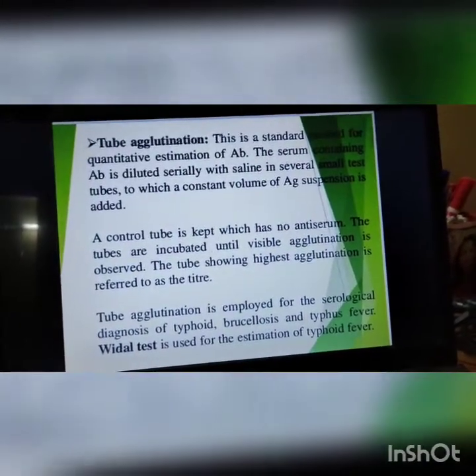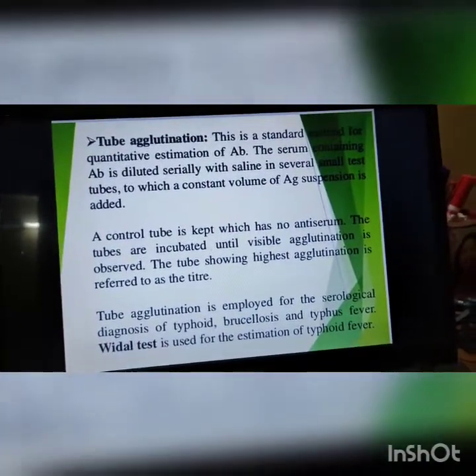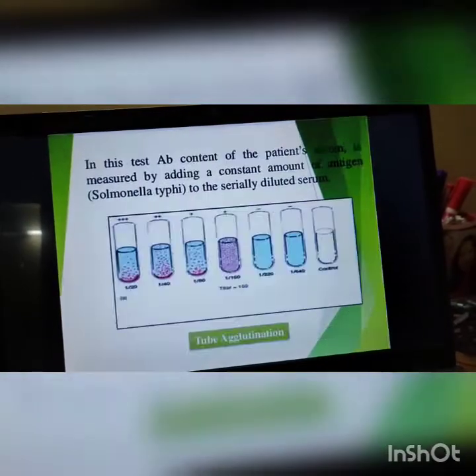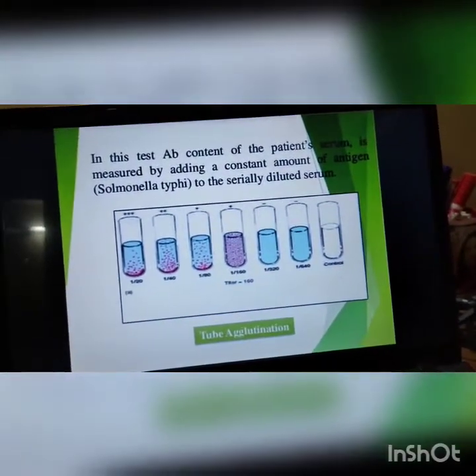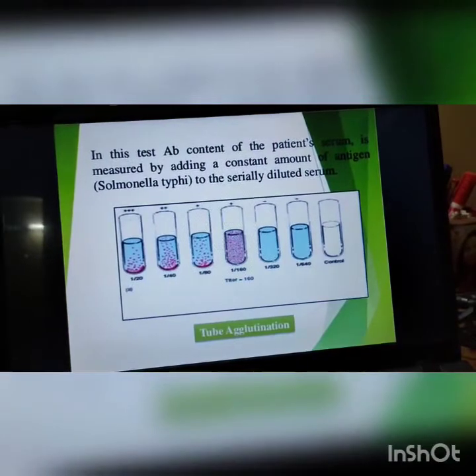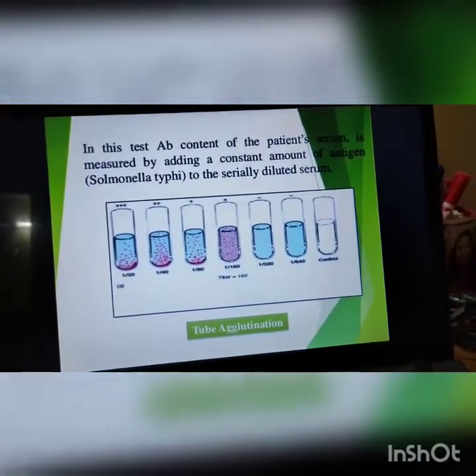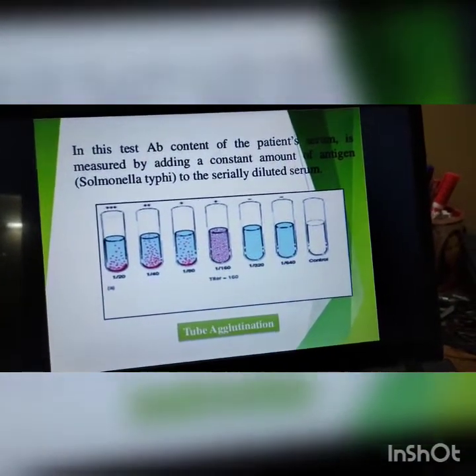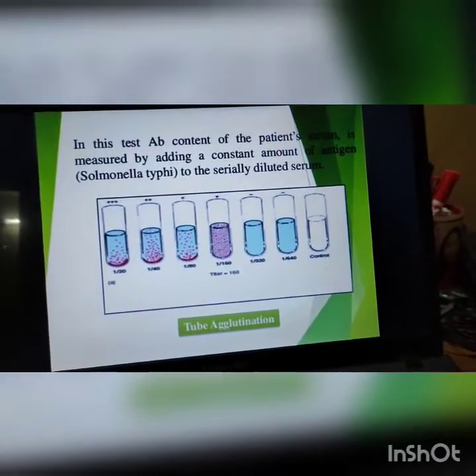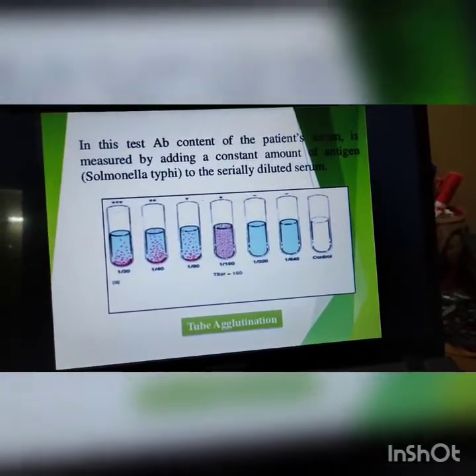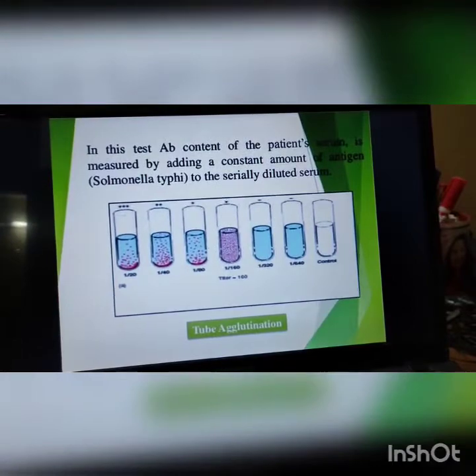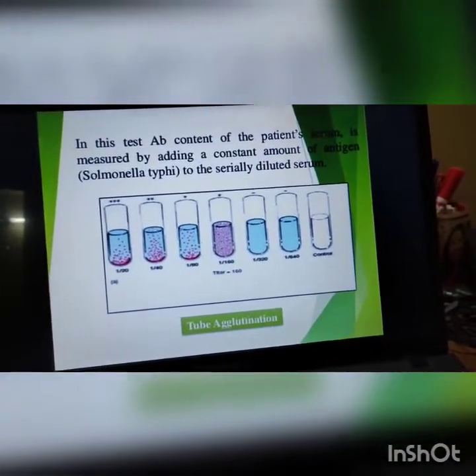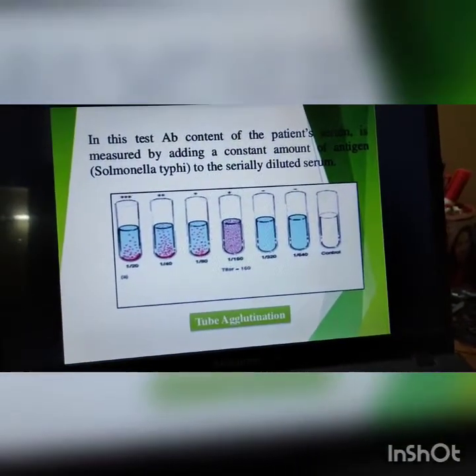So the Vidal test is used for the estimation of typhoid fever caused by Salmonella typhi. The dilutions are 1:20, 1:40, 1:80. If a titer value of 1:160 is observed, it means that the person is suffering from Salmonella typhi infection.